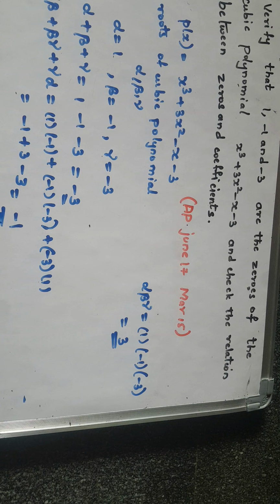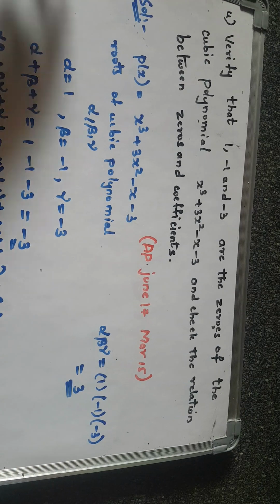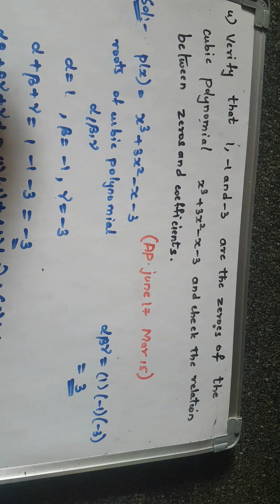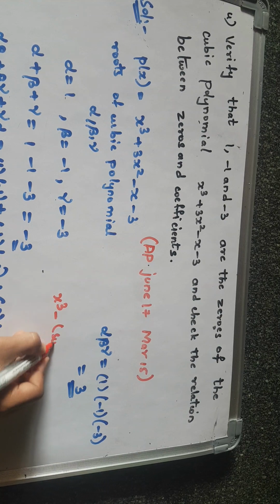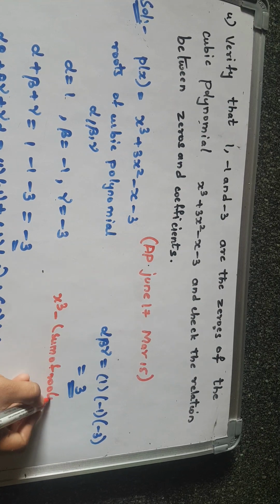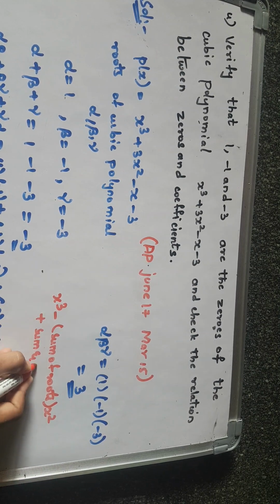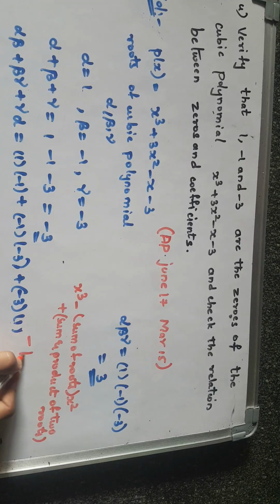This is the same as this, no? This is the rough work. I'll show you how we can write this: x cube minus sum of roots into x square plus sum of products of two roots into x minus product of roots.